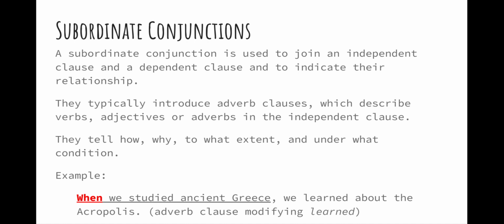That indicates we have an adverb clause in we studied ancient Greece. So when we studied ancient Greece is an adverb clause modifying the word learned, because it's giving us more information about learned. All right. So that's what a subordinate conjunction does. It's introducing that dependent clause.